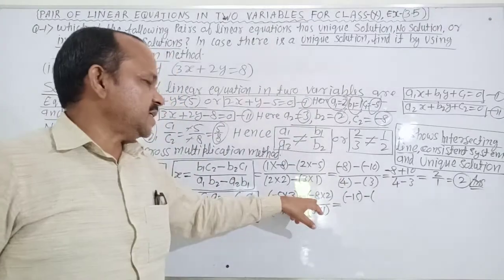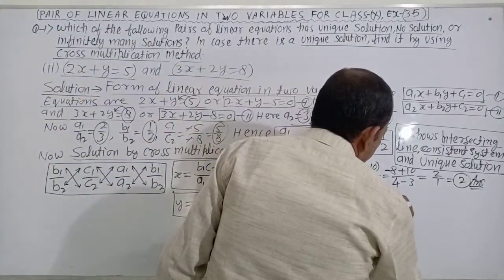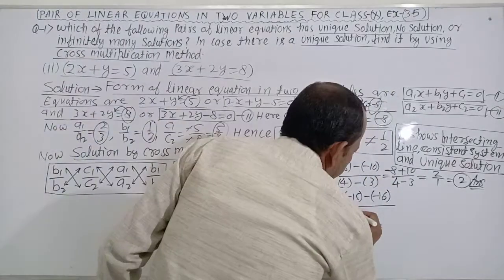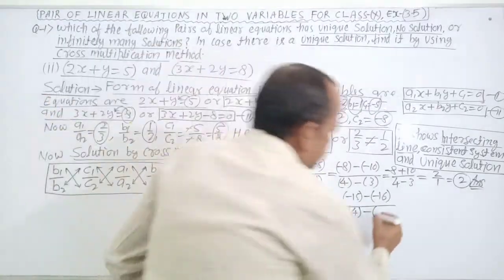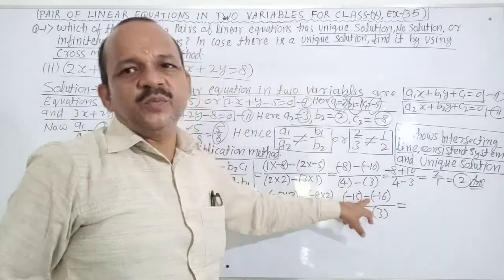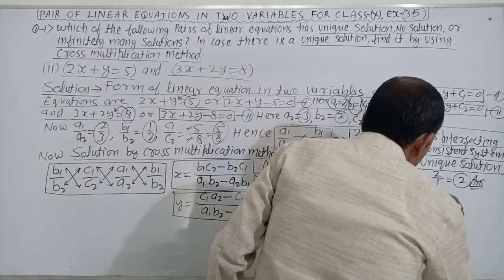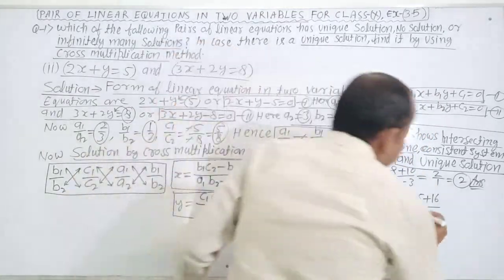Here minus 8 multiply 2, minus 16, 8 2s are 16. Here 2 2s are 4, minus here 3 ones are 3. Here minus it become plus. Minus 15 plus 16 upon 4 minus 3.